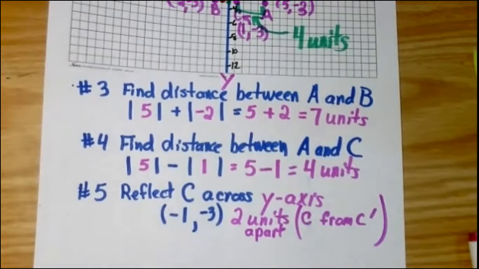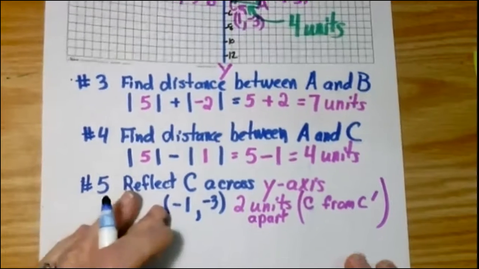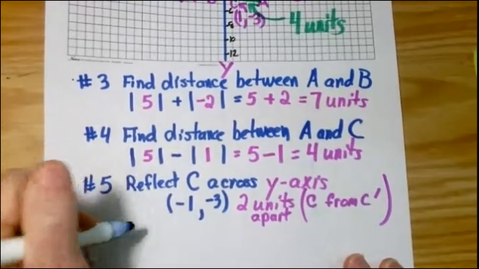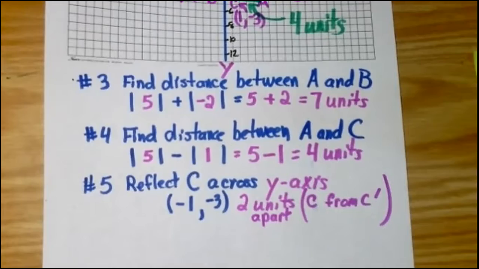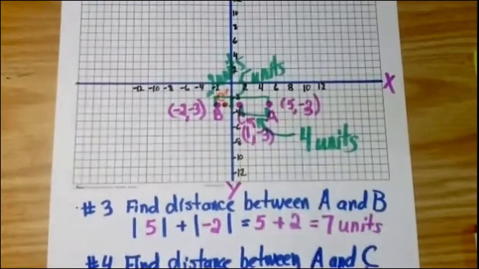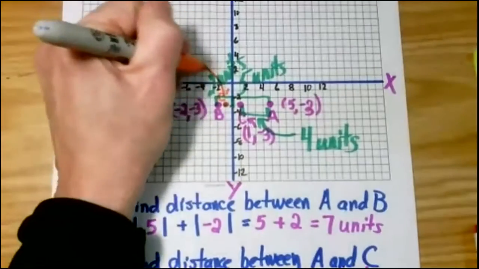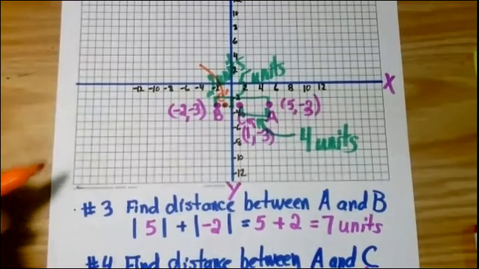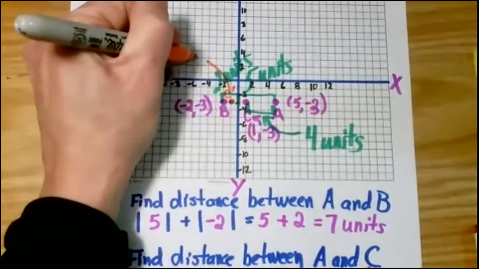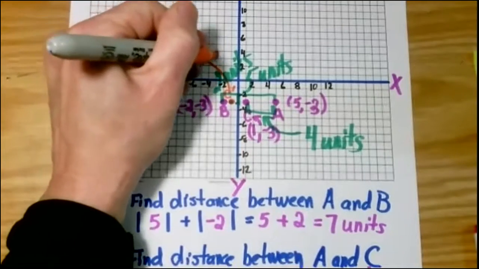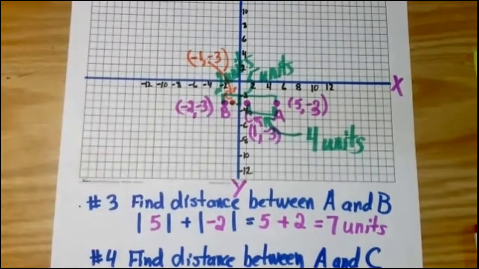And we could figure that out by taking the coordinates and taking their absolute values and adding them together. We can do that using the formula. Let's do that just to show you. What is the coordinate of C prime? The coordinate of C prime here is -1, -3. Point C was 1, -3.